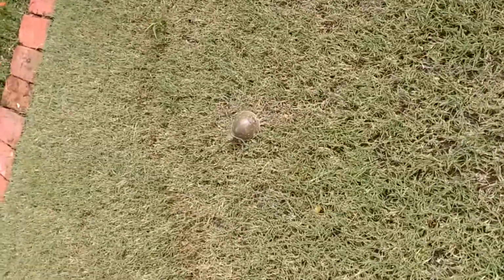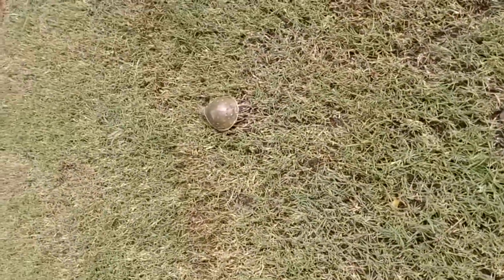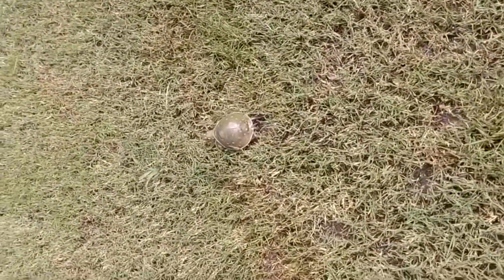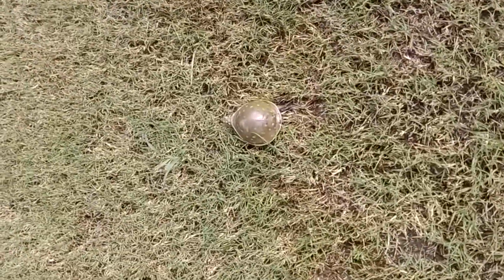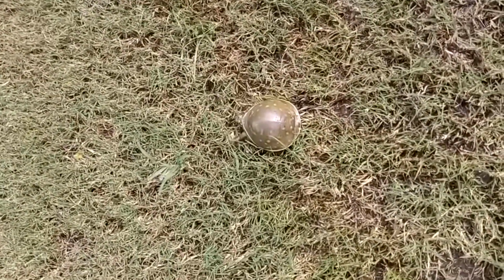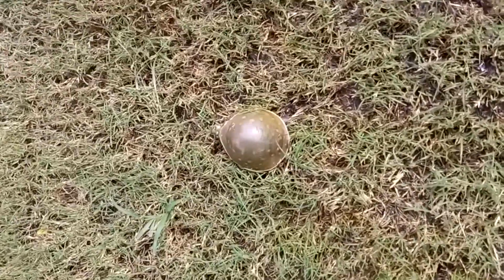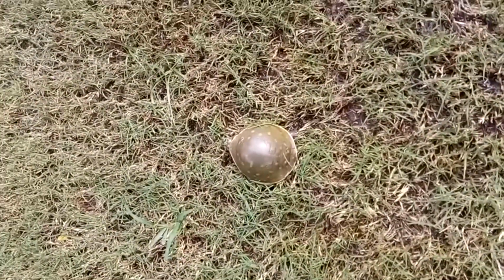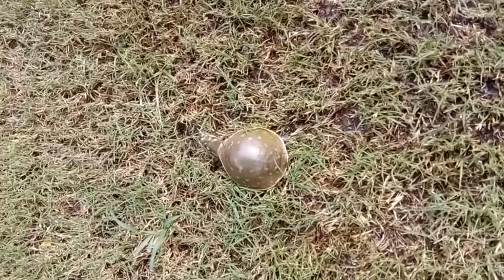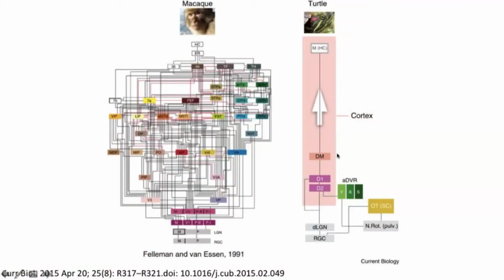If we look at how a turtle responds, and also how, for example, a mammal like a monkey responds, and compare between the two, you would see that in the case of a turtle and in the case of a macaque, the common part is that both take the input from the vision towards the hippocampus.